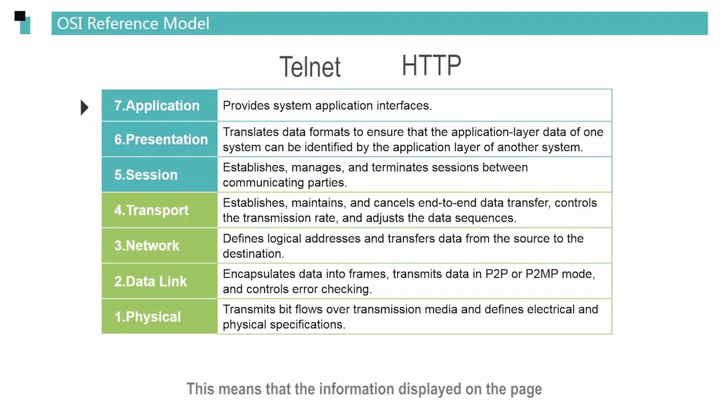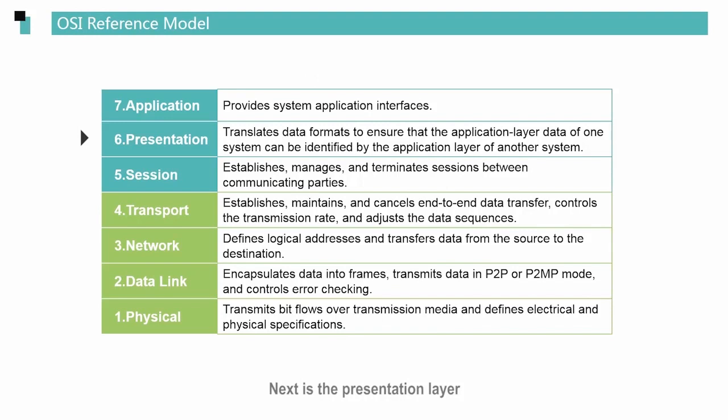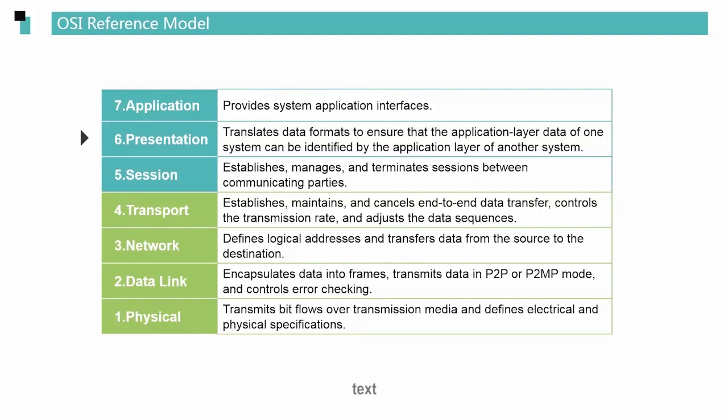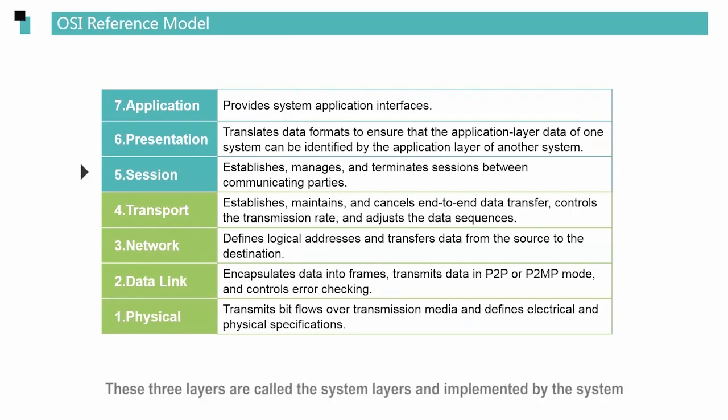This means that the information displayed on the page, such as text, images, and multimedia, has been sent using HTTP. Next is the presentation layer. This is responsible for determining the standards for displaying those pictures, texts, and so on. The session layer is used for setting up, maintaining, and tearing down sessions between nodes. These 3 layers are called the system layers and implemented by the system.